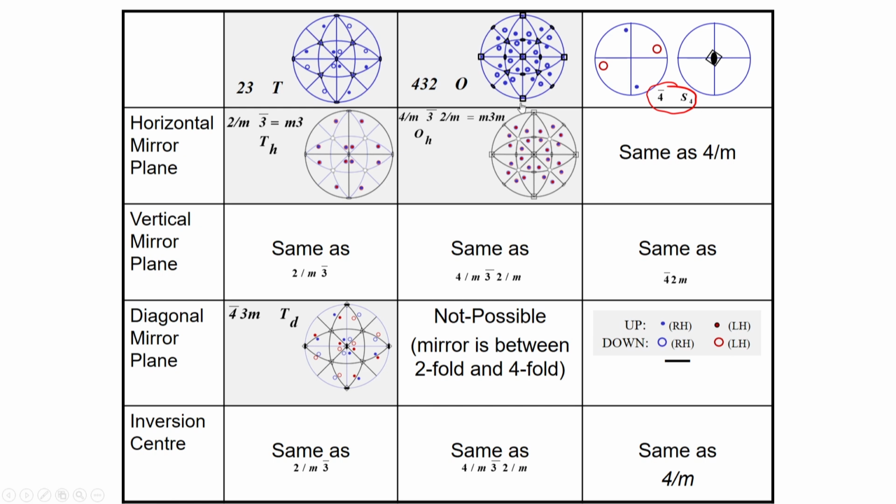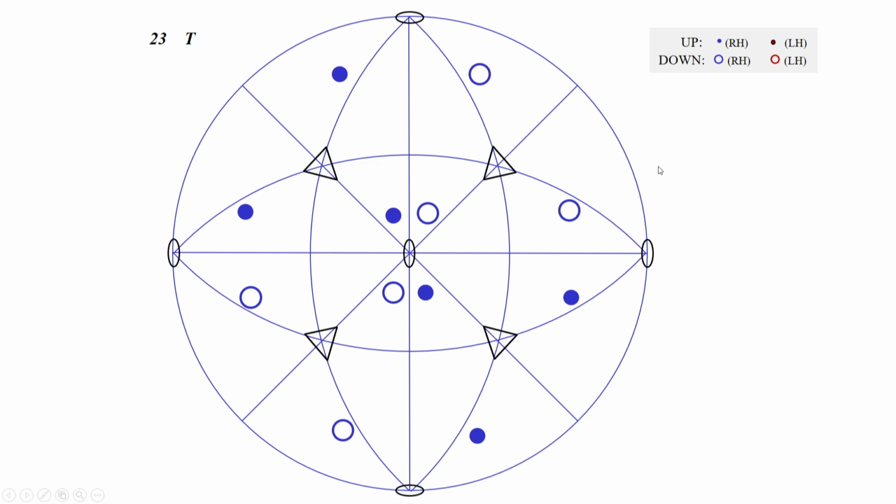So, let us come to 2,3. Let us look at a bigger version of this. This is a stereogram where the 3-folds, as we have already seen, run along the body diagonals of the cube, and they are at angles which are not 90 degrees, and they show up on the stereogram like this. When we do a projection from the sphere, the rotational axis is drawn from the center of the sphere, and where it intersects the surface of the sphere, that point gets projected, so as the 3-fold rotational axis.